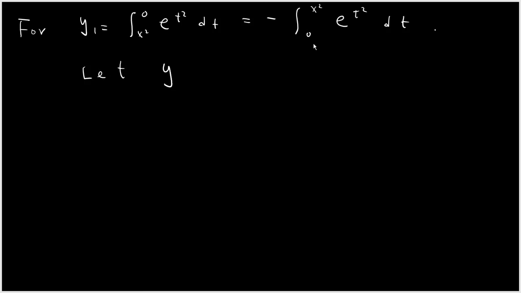Define it as the following. Now let y3 be the integral from 0 to x squared of e to the power of t squared, and then dt. I think you know what's going on. You know what to do now.